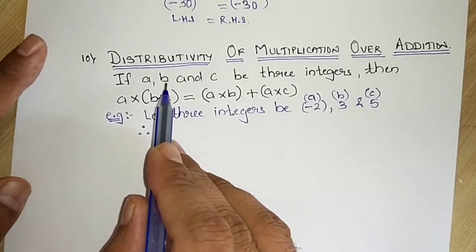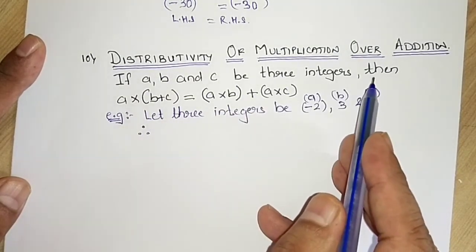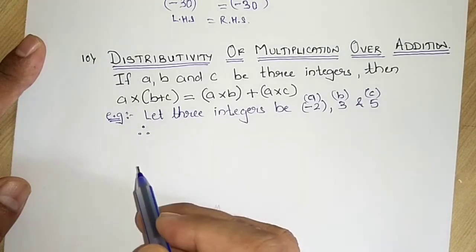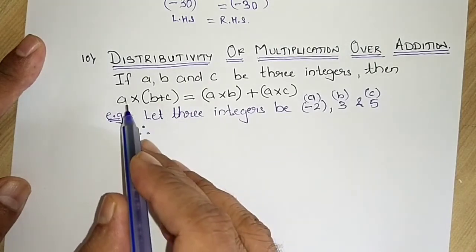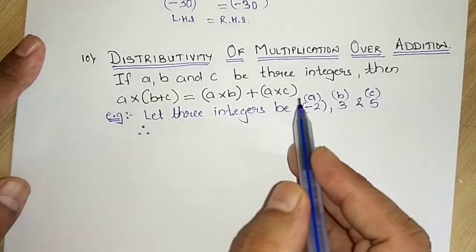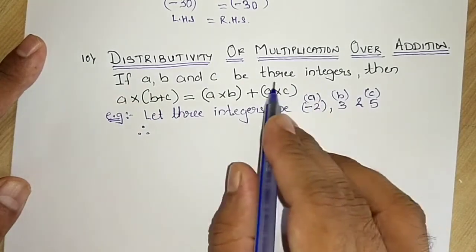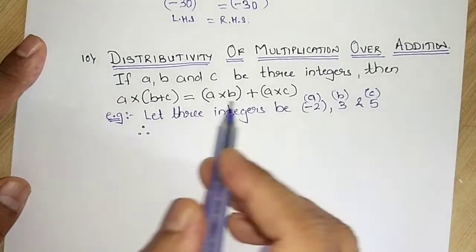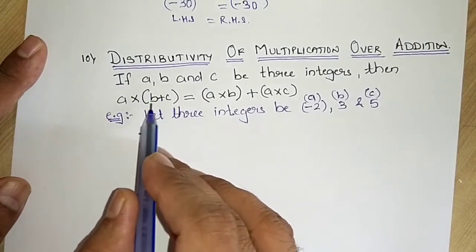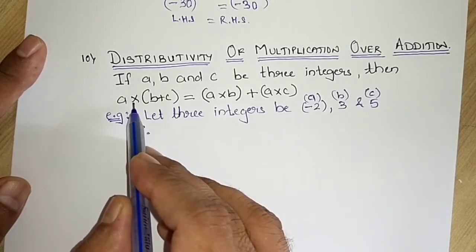If A, B and C be 3 integers, then A multiply into bracket B plus C will be equal to A multiply by B plus A multiply by C. That means B and C you are adding, and A you are multiplying with both of them.